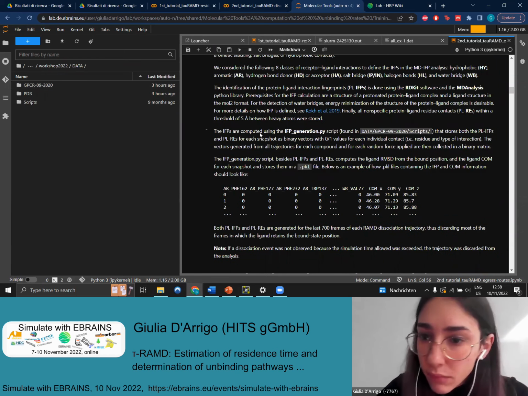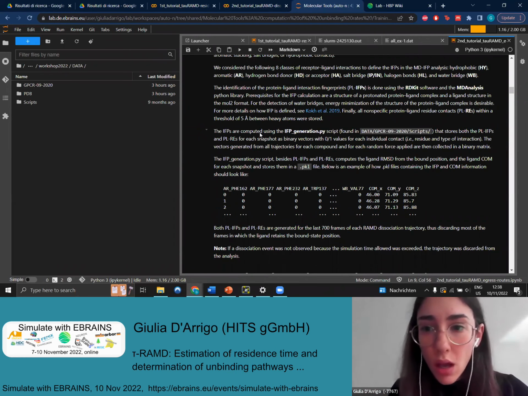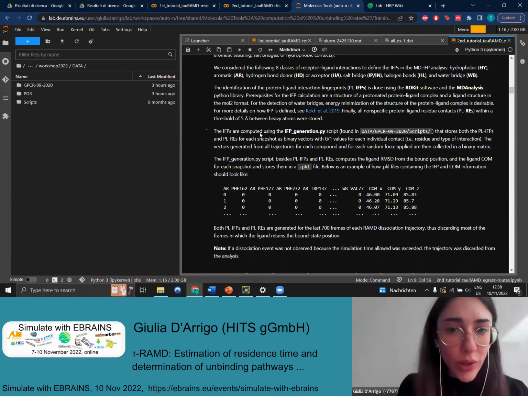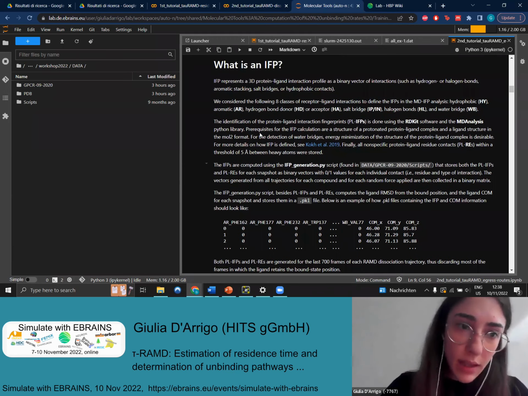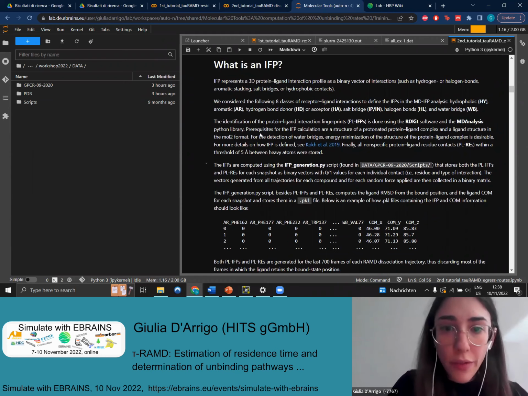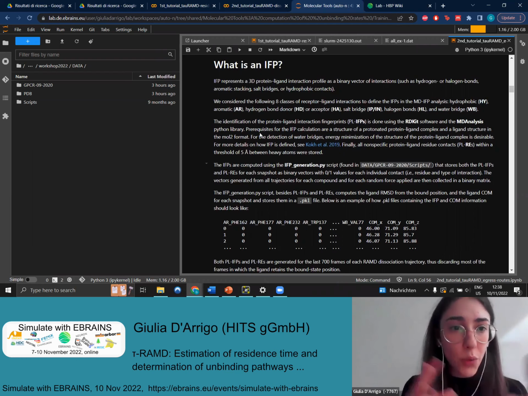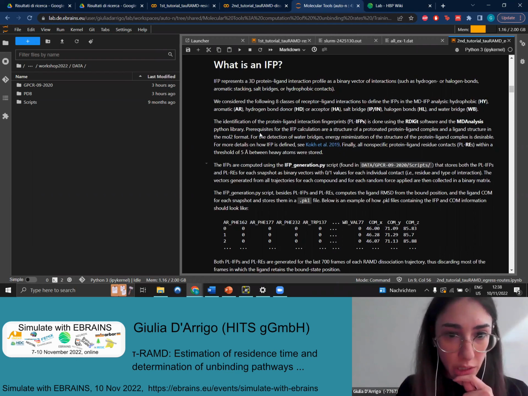Please pay attention that we distinguish between protein-ligand interaction fingerprints and unspecific contacts, because the IFP is all these specific interactions, let's say hydrophobic contacts, hydrogen bonds, salt bridges, and so on. But we also compute unspecific protein-ligand contacts, which are all the ones found within a 5 Angstrom threshold.